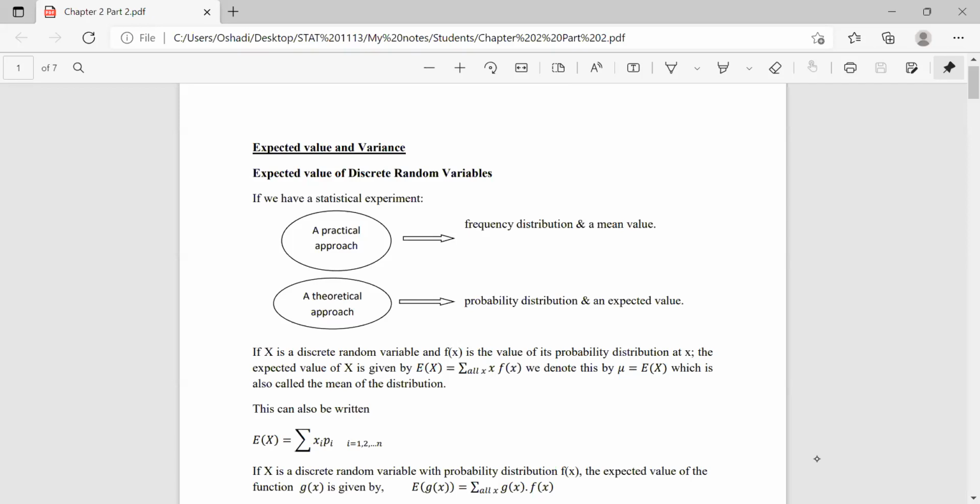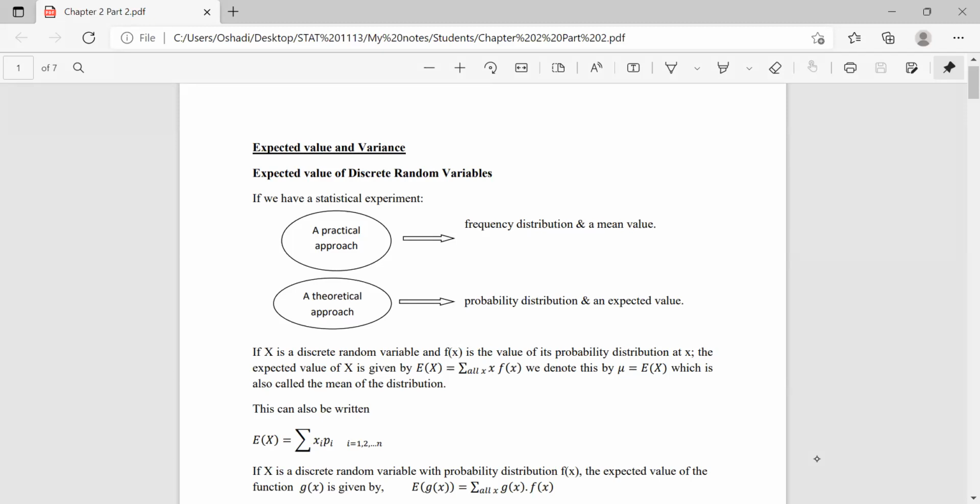So what is the expected value of a random variable? As you can see in this figure, for a statistical experiment we have two approaches called a practical approach and a theoretical approach, right? For example, if we roll a coin 50 times, we can obtain some number of heads and some number of tails for a fair coin.